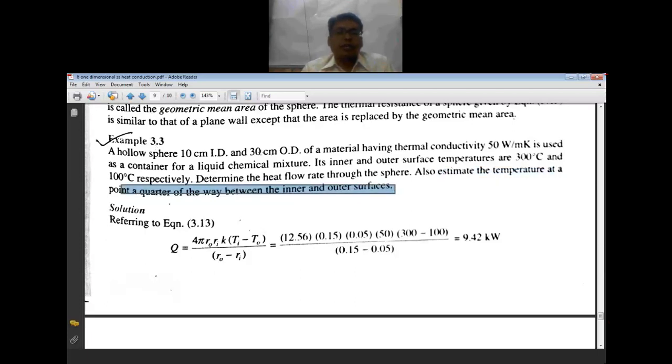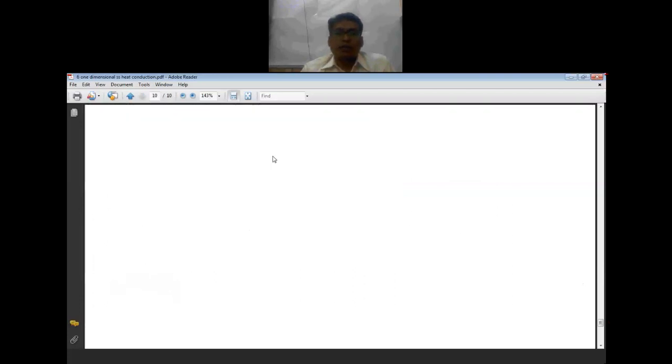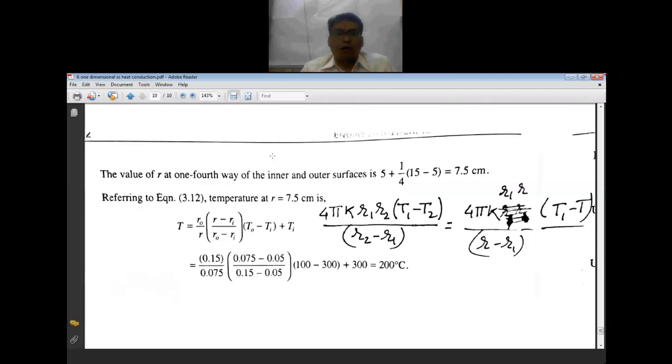The inner and outer radii are 5 centimeter and 15 centimeter, so a quarter of that distance gives 7.5 centimeter radius.